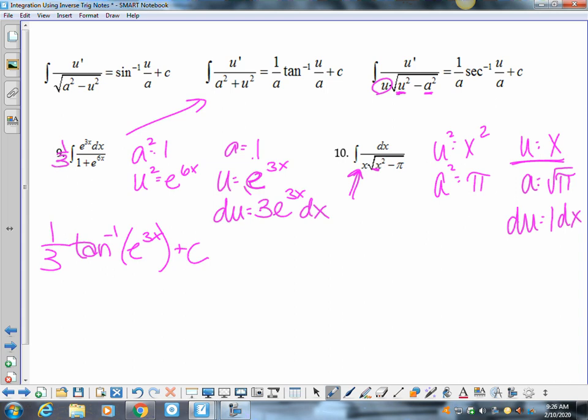He has to be there. If he's not there, you're not secant. So I'm following my formula. 1 over root pi. Secant inverse of x over root pi.